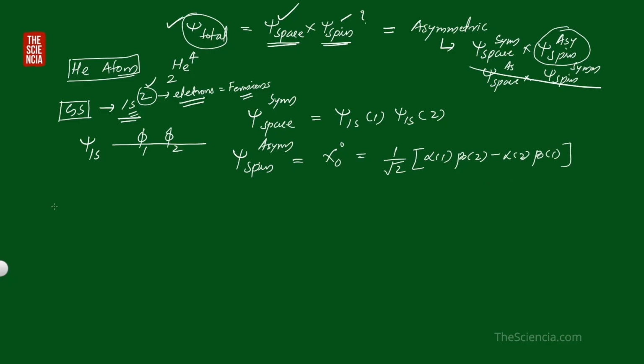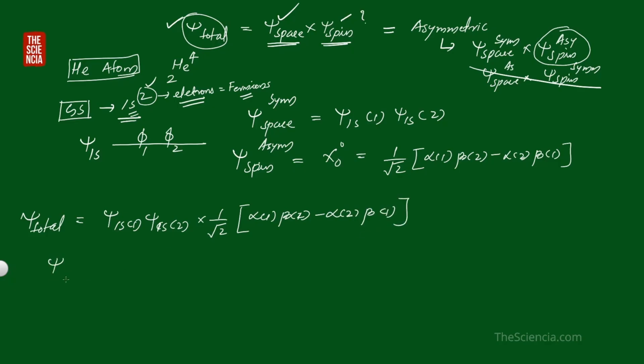So now we can write the total wave function: psi total is equal to the space part, psi 1s of 1 psi 1s of 2, into 1 by root 2 (alpha of 1 beta of 2 minus alpha of 2 beta of 1).